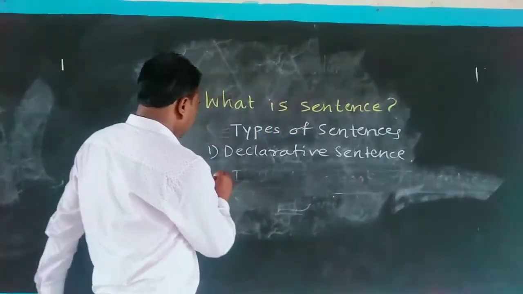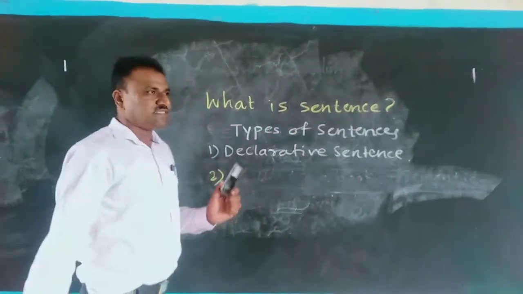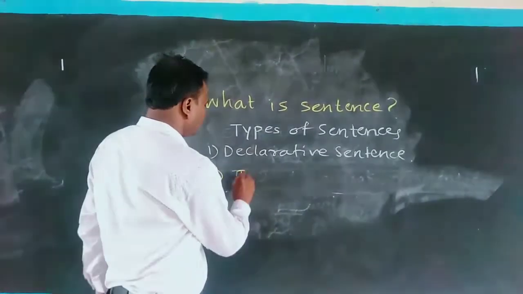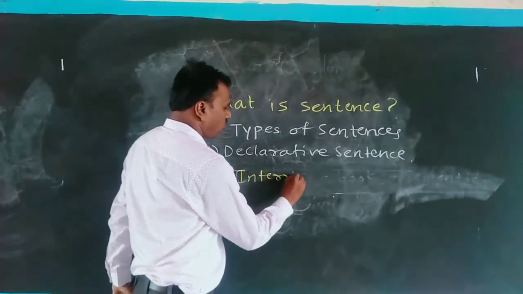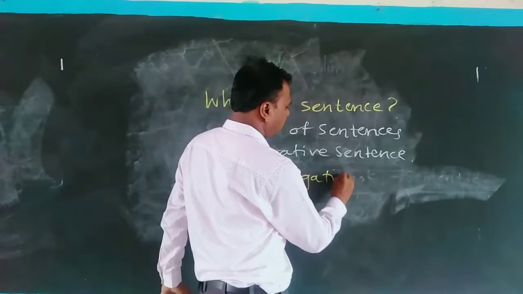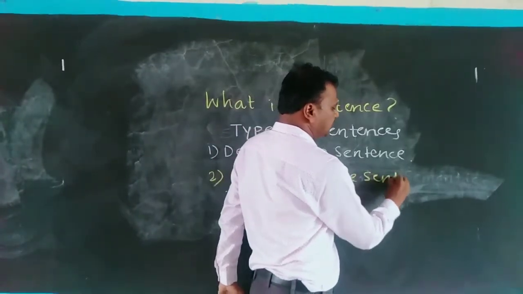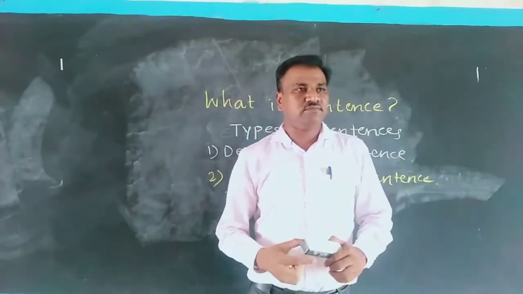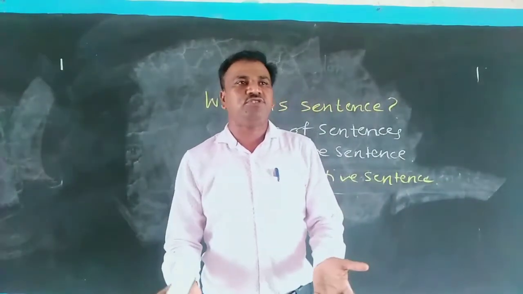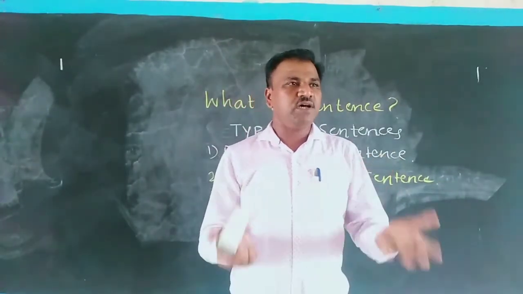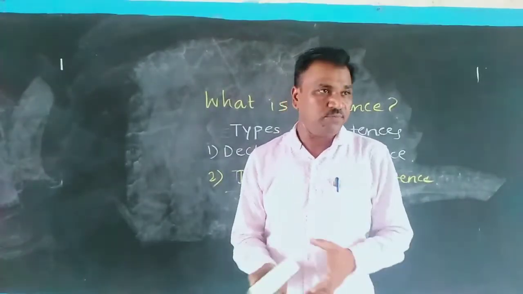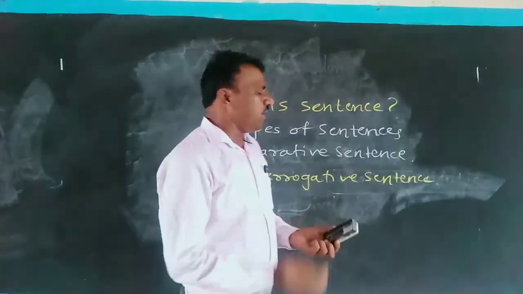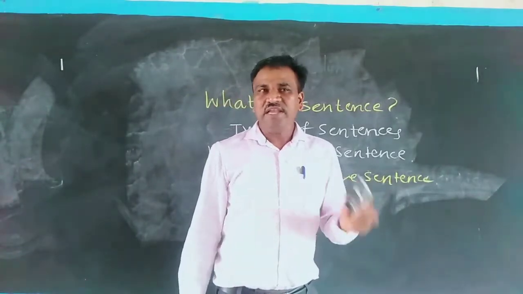The second type of sentence is the interrogative sentence. Interrogative means we are going to interrogate, or ask questions to the person in front of you. In interrogative, there are three types.